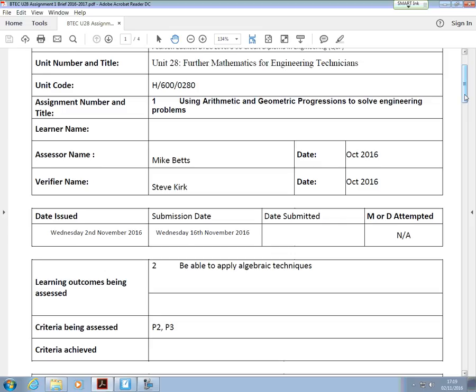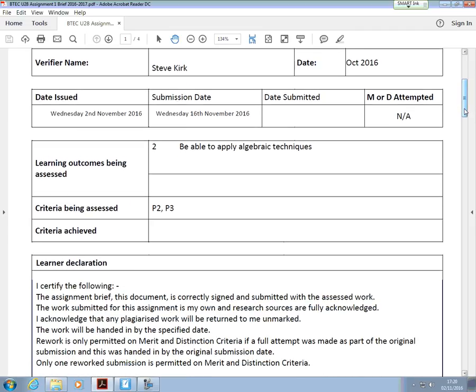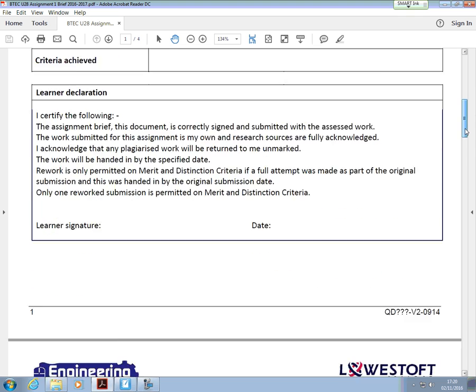That's 2 weeks from today. I'll give you a bit more detail on that once we've been through it. It's all part of learning outcome 2, being able to apply algebraic techniques, and the criteria being assessed here are P2 and P3.